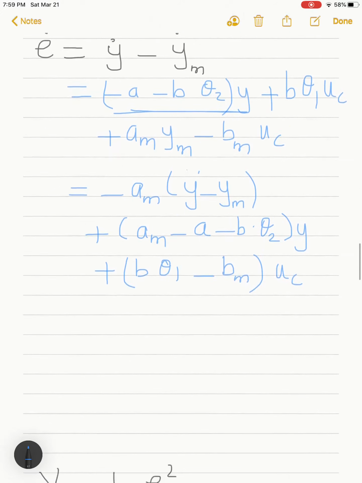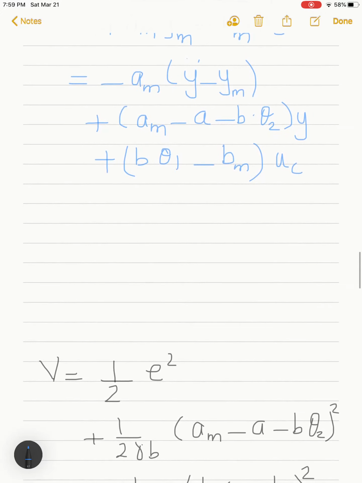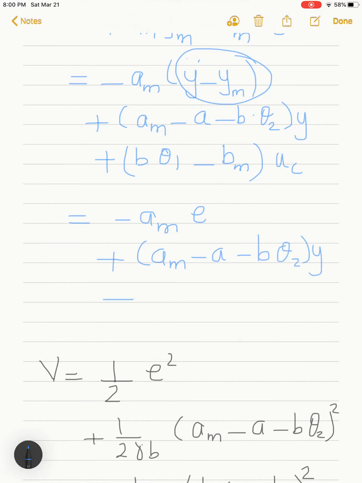Now I can simplify that further as minus am times e, where y minus ym is just the error, plus am minus a minus b theta 2 times y plus b theta 1 minus bm times uc.